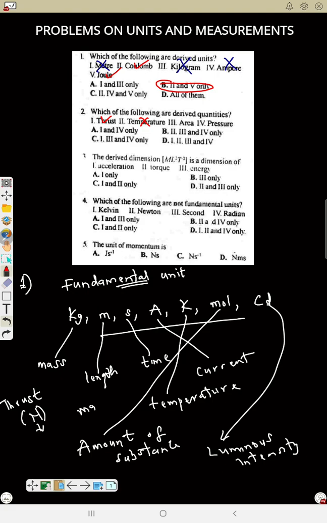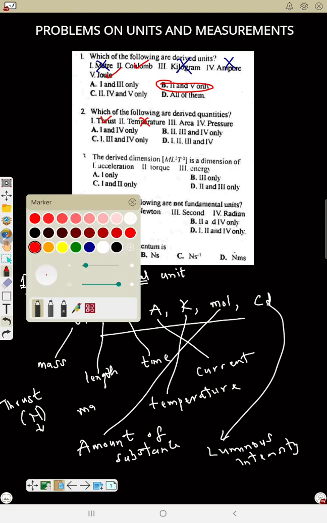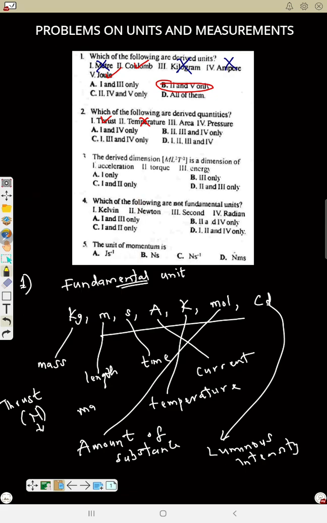Now area. We know that area is length times length. Length is in meter, another length in meter, so area is meter square. So area is not part of these 7 fundamental quantities.